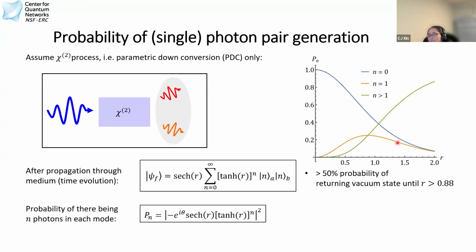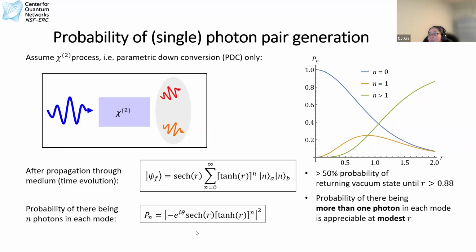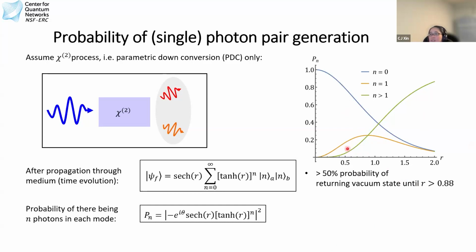You end up with more than 50% probability of returning vacuum all the way until r is greater than 0.88, which we never quite go that high. You also have the probability of getting a single photon pair, in the orange, and you see it goes up. It doesn't go that high, and then it starts turning over.